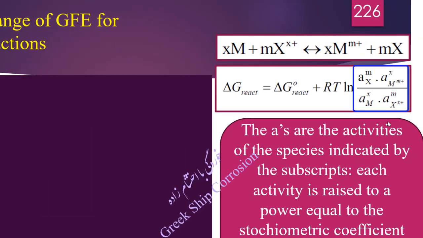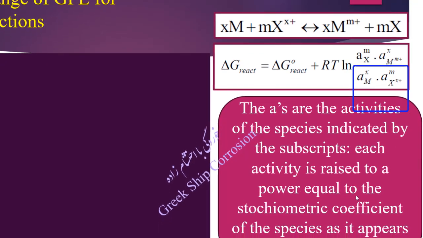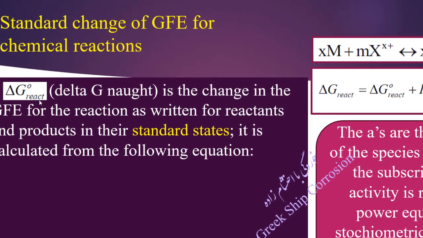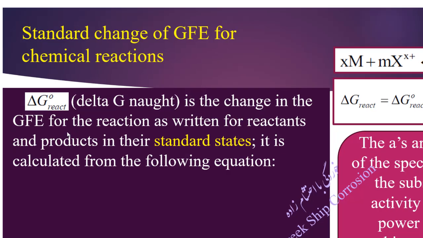In this ratio, the a's are the activities of the species indicated by the subscripts. Each activity is raised to a power equal to the stoichiometric coefficient of the species as it appears in the reaction. Delta G naught of the reaction is the change in the GFE for the reaction as written for reactants and products in their standard states.